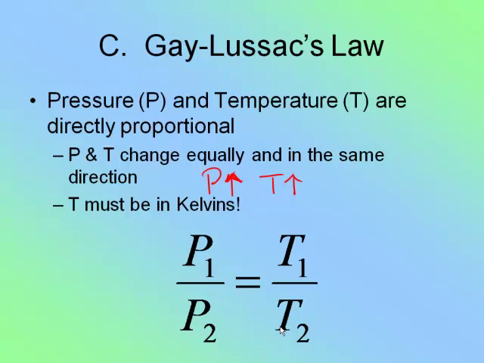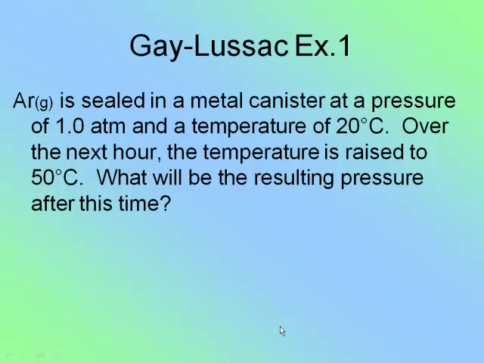Again, let's do some examples. Argon is sealed in a metal canister at a pressure of 1 atmosphere and a temperature of 20 degrees Celsius. Over the next hour, the temperature is raised to 50 degrees Celsius. What will be the resulting pressure after this time? So, we start the same way. The first thing you need to do, write down your formula: P1 over P2 equals T1 over T2. Write down what you know. P1 is 1.0 atmospheres.